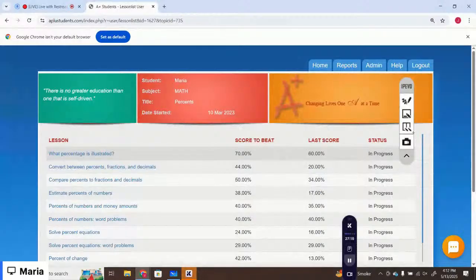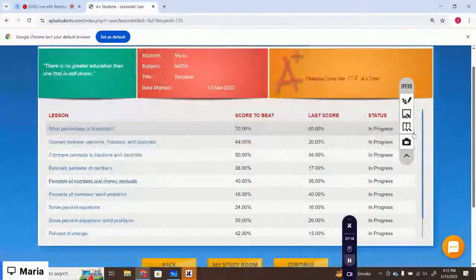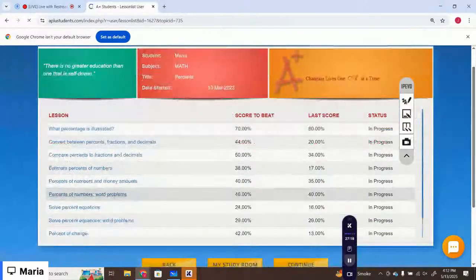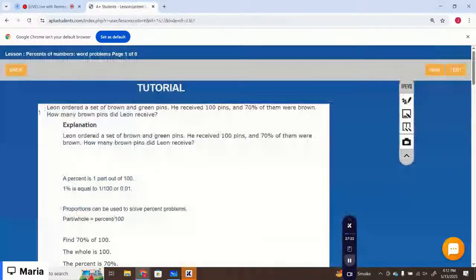The next lesson is percents of numbers word problems. Let's start with the word problems. Let's start with the test questions.